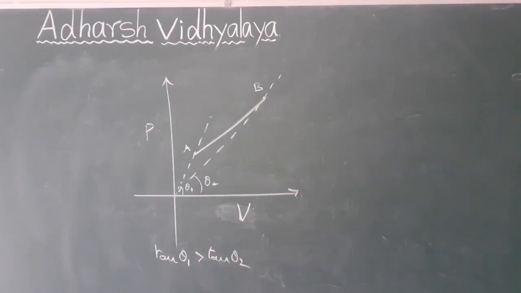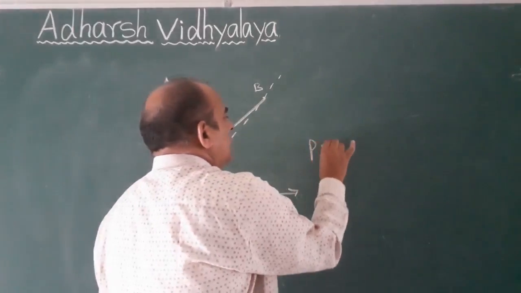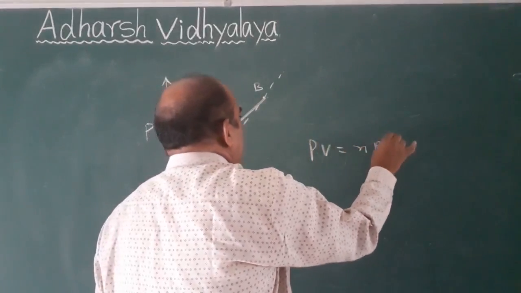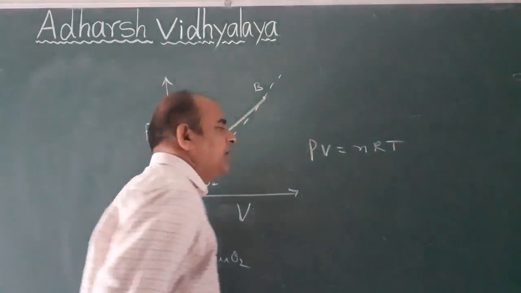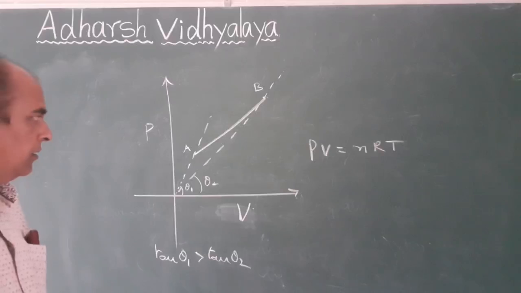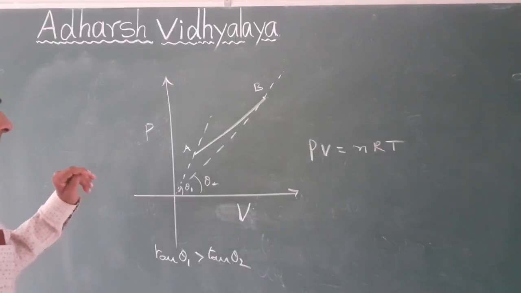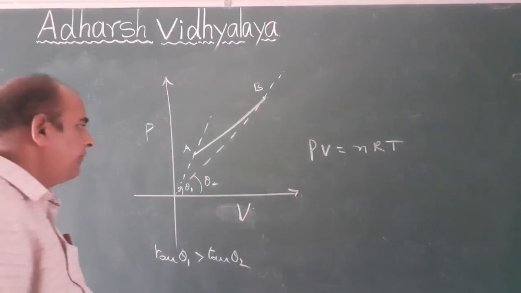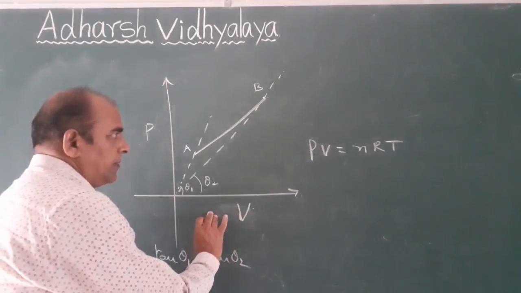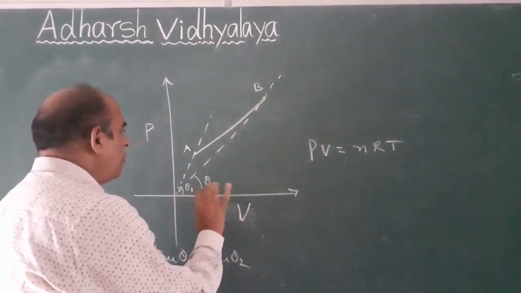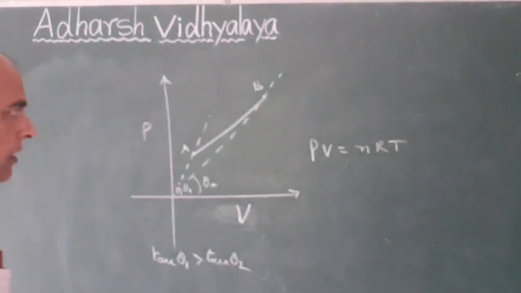PV graph. So PV is equal to nRT. And here slope means P by V will come. Okay.